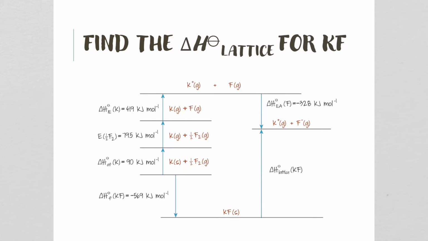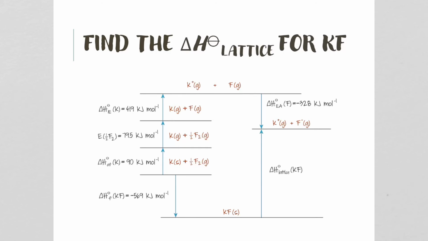So now let's find the lattice enthalpy for potassium fluoride. Again, we see our Born-Haber cycle. We're going to start here, move around, and then go this way. So this is going to be equal to this, plus this, plus this, plus this, and then minus this.